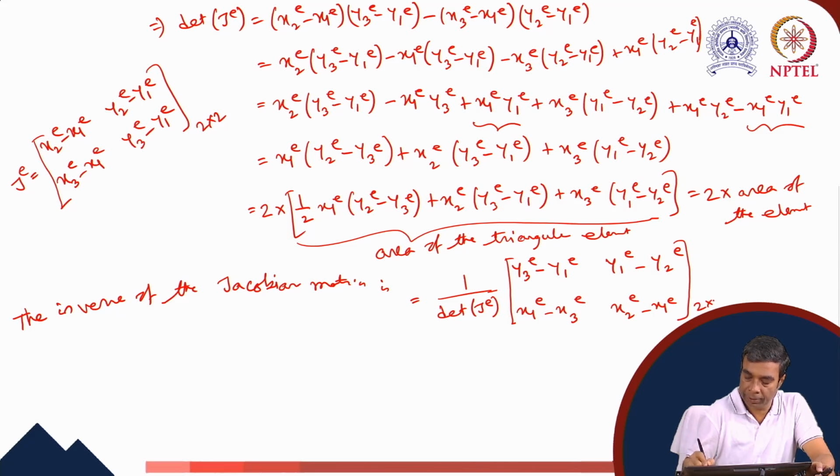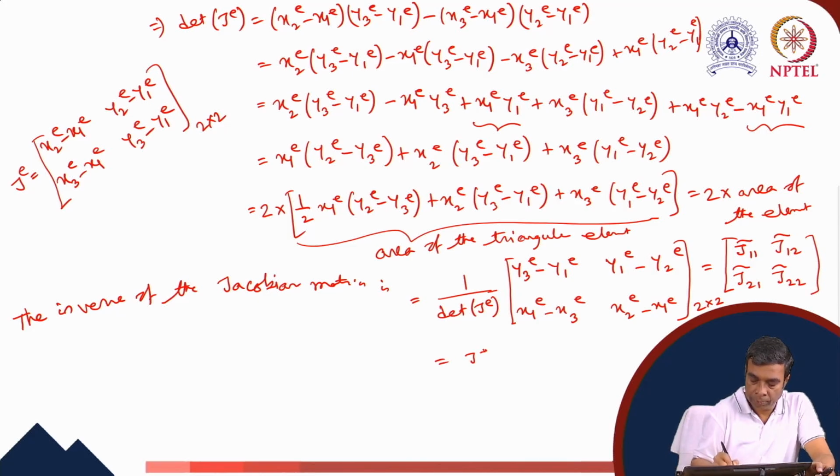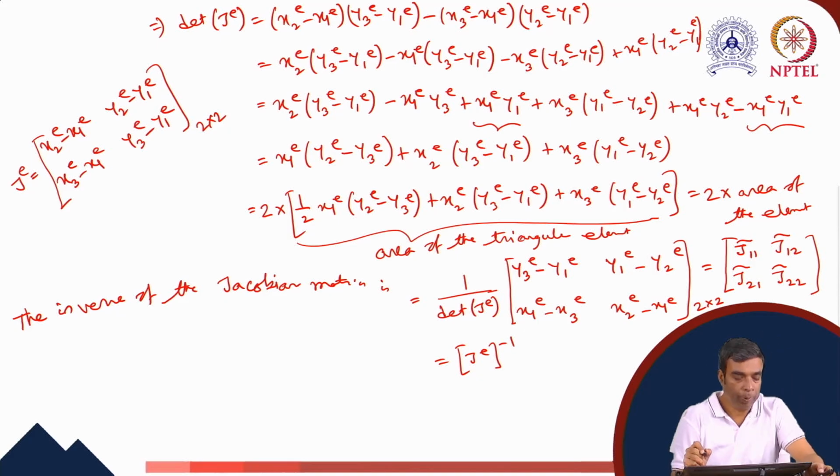So this inverse is a 2 by 2 matrix. The entries are denoted as J11 tilde, J12 tilde, J21 tilde, and J22 tilde, equal to JE inverse.